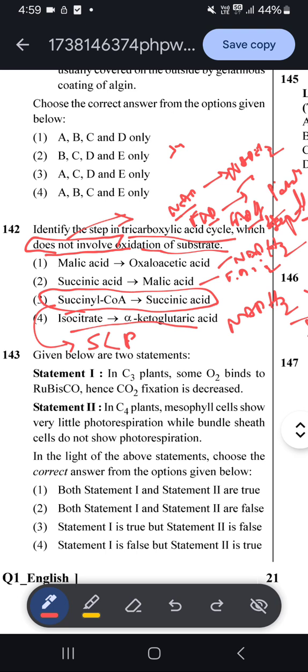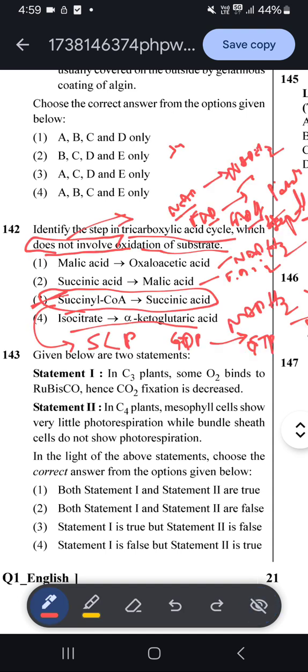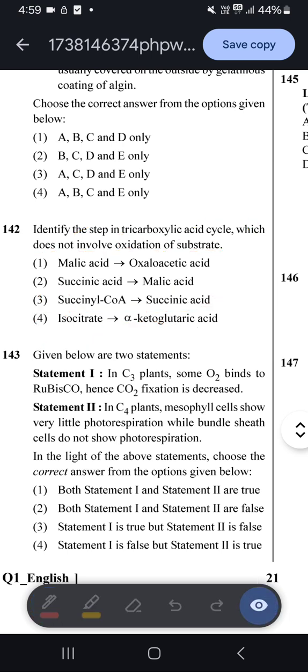The phosphate from the substrate gets added to GDP and it gets converted into GTP. GTP is formed in this step. So there is an exception. This is the only step in the TCA cycle where oxidation does not occur.